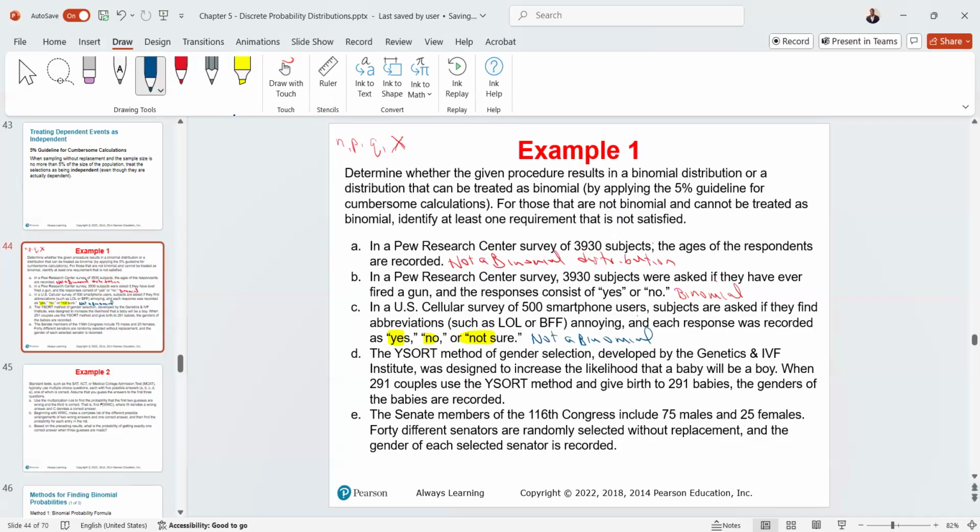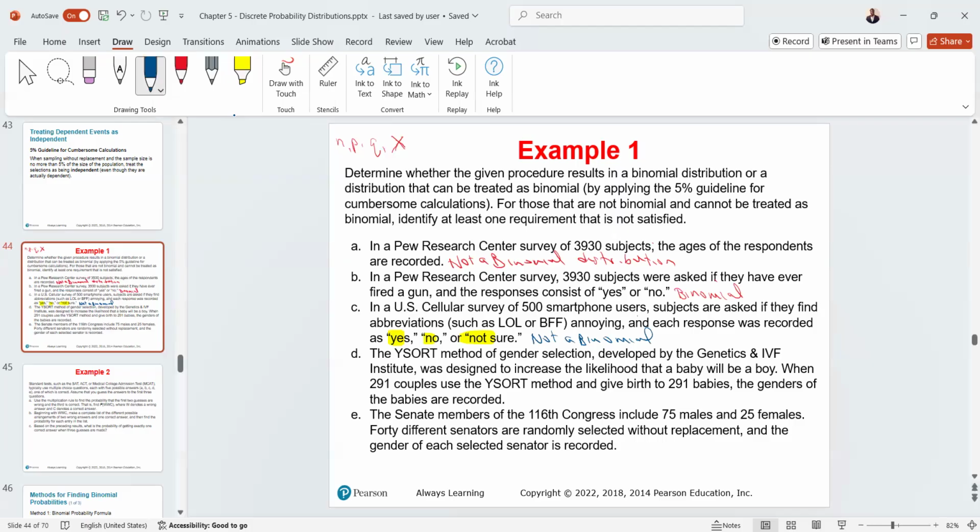So the Wizard method gender selection that Diaz and Dog developed by the Genetics and IVF Institute was designed to increase the likelihood that a baby will be a boy. When 291 couples used the Wizard method and gave birth to 291 babies, the genders of the babies were recorded.